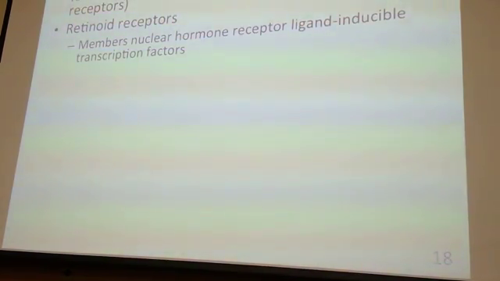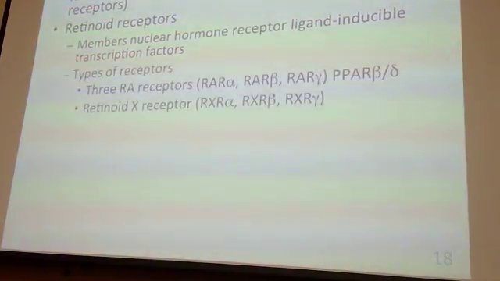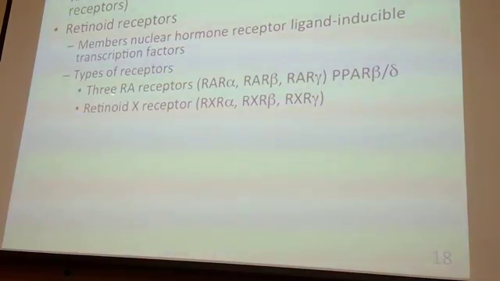This is similar to what we talked about last class about vitamin D. Vitamin D was another vitamin which acts through these nuclear hormone receptors, right? And so there are different types of receptors. There are 3 retinoic acid receptors, abbreviated with this RAR nomenclature: RAR alpha, RAR beta, RAR gamma.